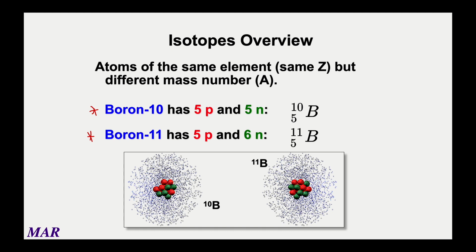However, because boron has 5 protons, and 10 is the mass number, 10 minus 5 gives you the 5 neutrons there. For boron-11, you'd go 11, the mass number, minus the protons on the periodic table, 6 neutrons. So boron-11 would be like heavy boron compared to boron-10, I guess.